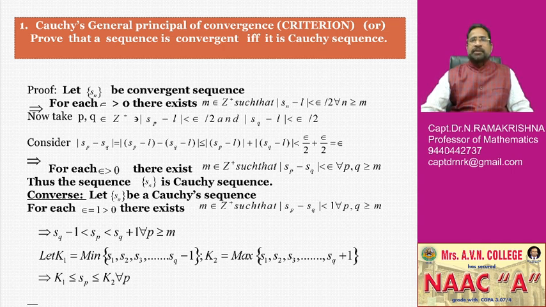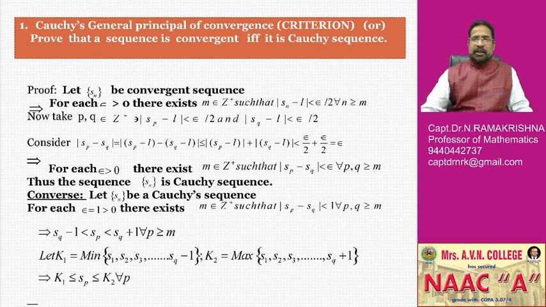A sequence Sn is said to be a Cauchy sequence if for each epsilon greater than 0 there exists m belongs to Z plus such that modulus of Sp minus Sq less than epsilon for all integers p and q greater than or equal to m.